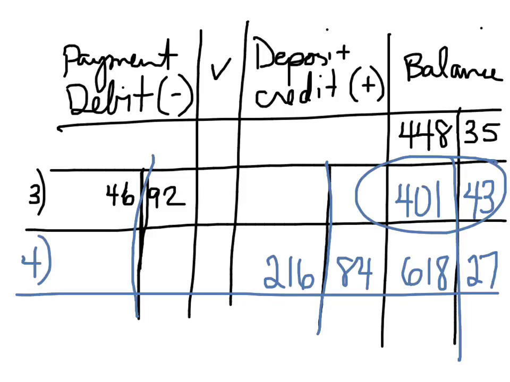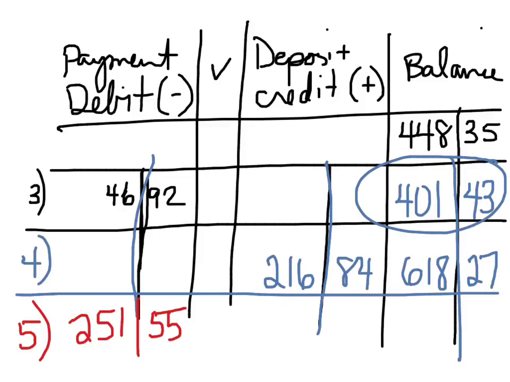Then, number 5, it goes on to say that you have something in this column of $251.55. Does that mean that you're going to add or subtract? Subtract, right.